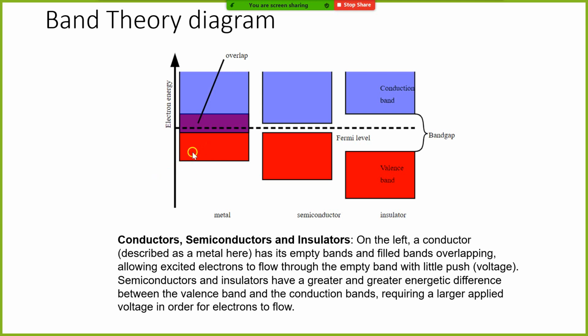Now, when you look at the metal again, this is the same diagram as what I showed you just now. The valence band and the conduction band are on the same level, so to speak. So as soon as we excite our electrons from the valence band, they quickly move across to the conduction band, and the result would be that the metal would conduct easily.